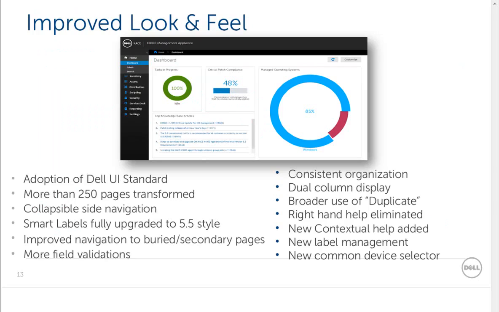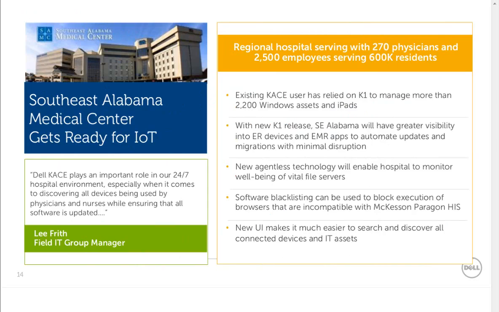And then, of course, our new improved look and feel, but again, don't get blinded by the new beauty of K1 6.0. We've got a lot of great feature enhancements that go along with it, so we encourage you to try those out.